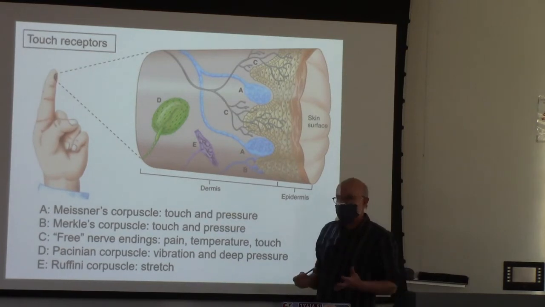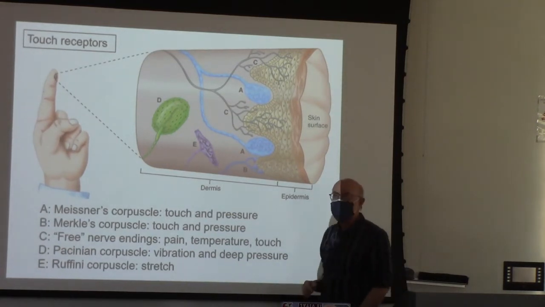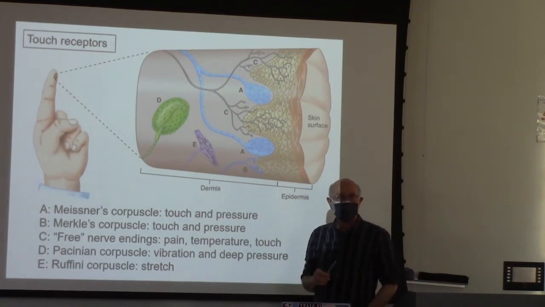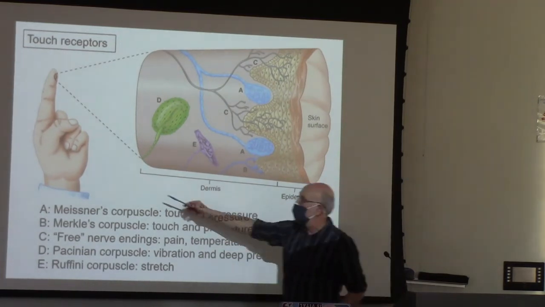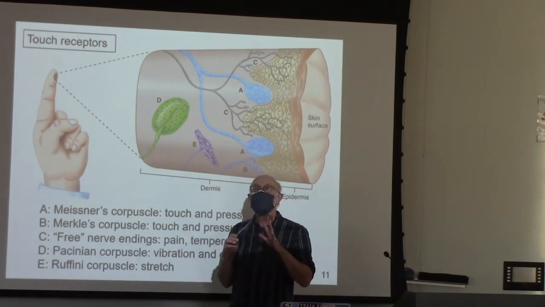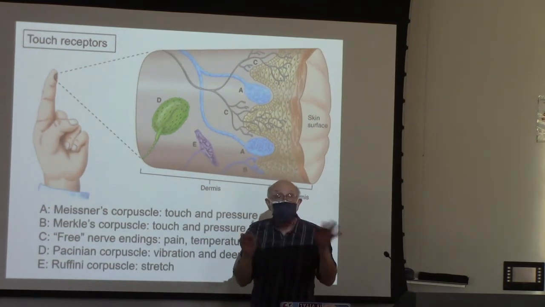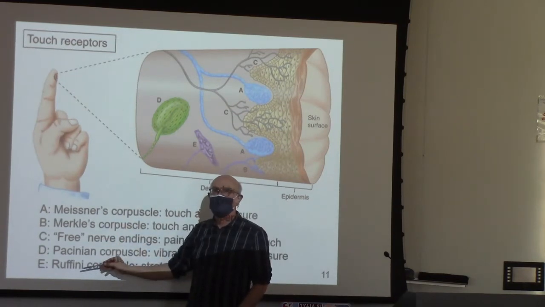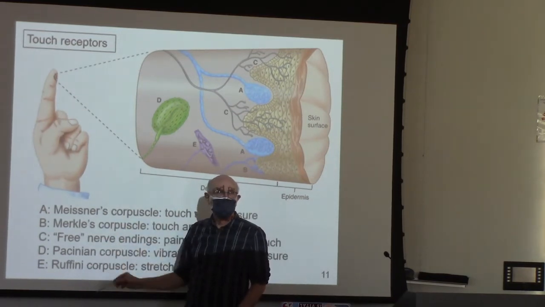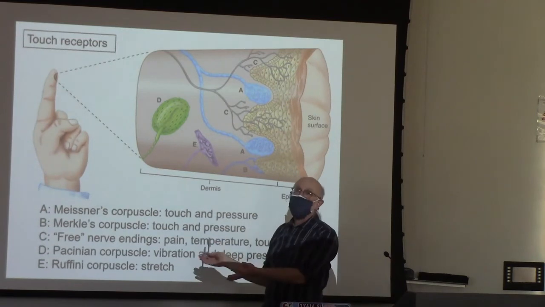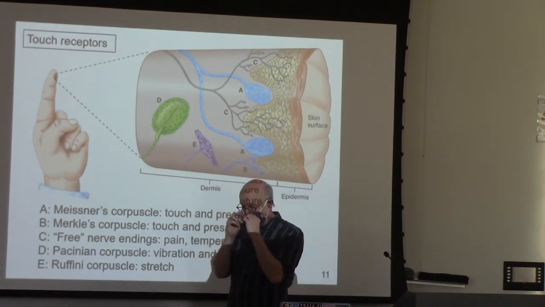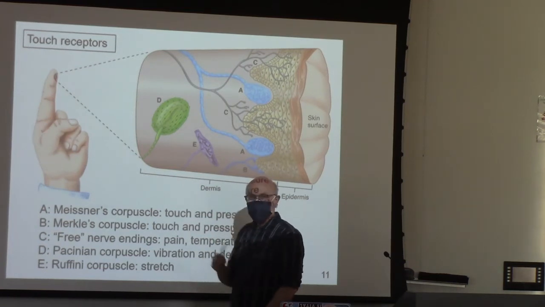There are receptors for the different modalities of touch, pressure, vibration. We have a whole bunch of them. I do not want you to memorize, everybody remember, not memorize the names of these structures. This is reference for future use if you become a sensory physiologist or a physician.